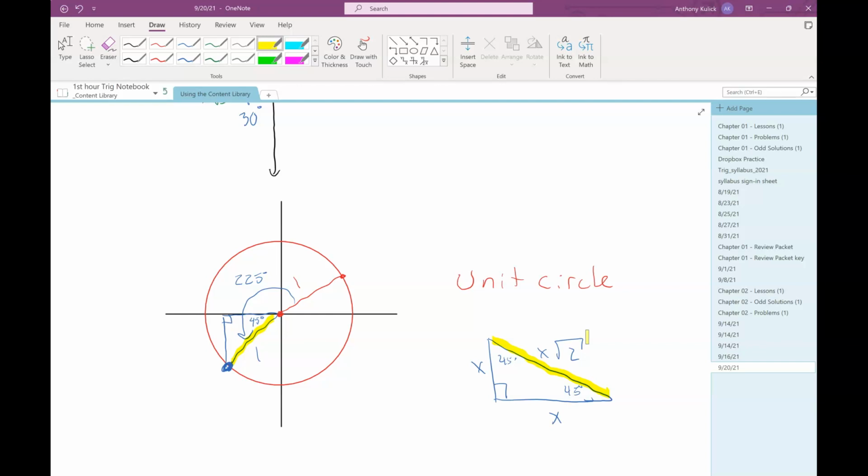So it needs to be 1 unit long. Everybody's okay with that? So the value for x then that I need here would be 1 over the square root of 2. Right? Because 1 over the square root of 2 times the square root of 2 just gives us 1. Everybody's on board with that?